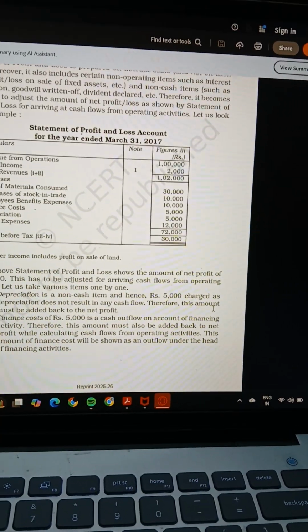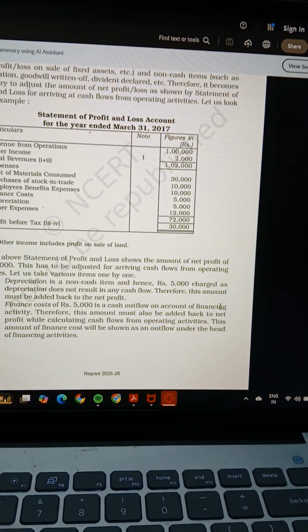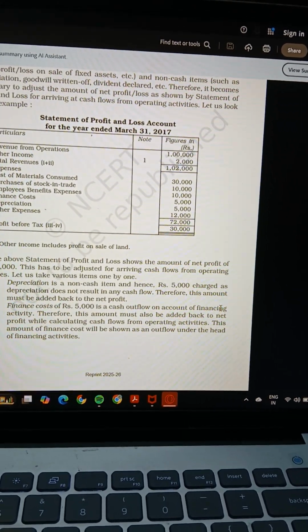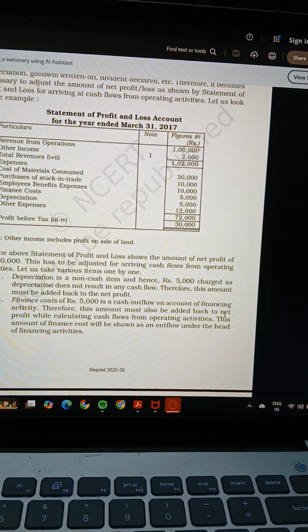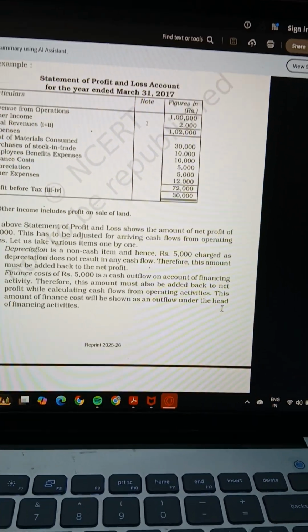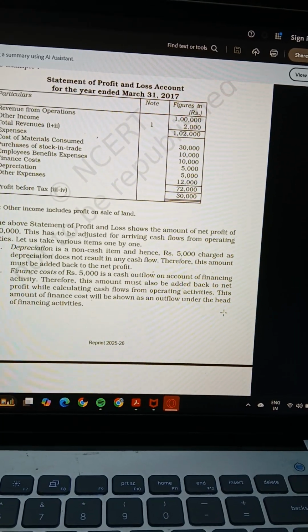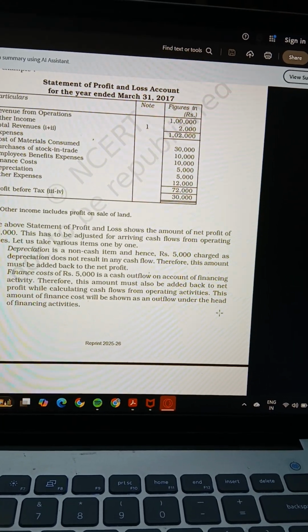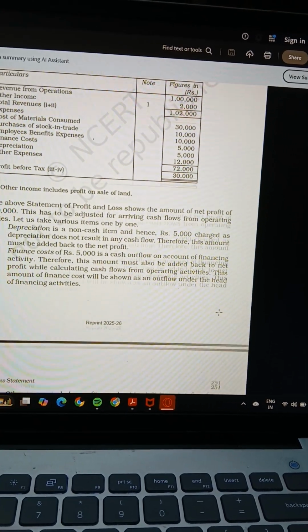The above statement of profit and loss shows the net profit of 30,000. This has to be adjusted for arriving at the cash flows from operating activities. Some adjustments have to be made to the profit before tax amount of 30,000 to arrive at the cash flows from operating activities.